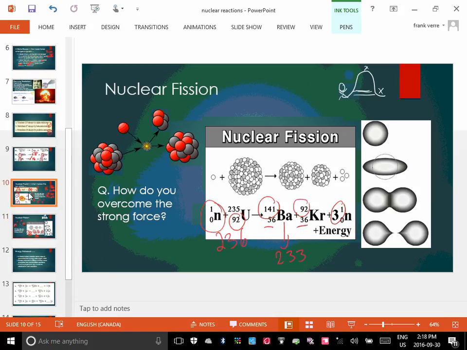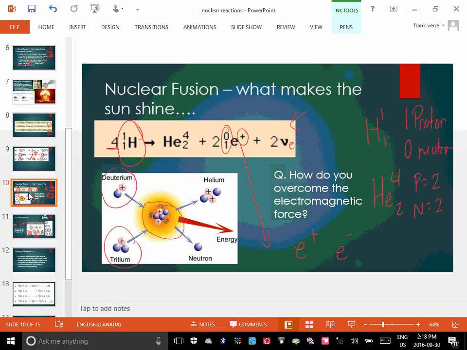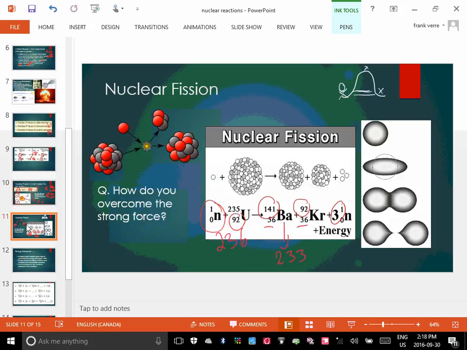So if we go back to this problem, it's like, okay, how do you get two charged particles close enough to overcome that electromagnetic force? Here it's, how do you get things far enough to overcome the strong force? It's the exact opposite problem.